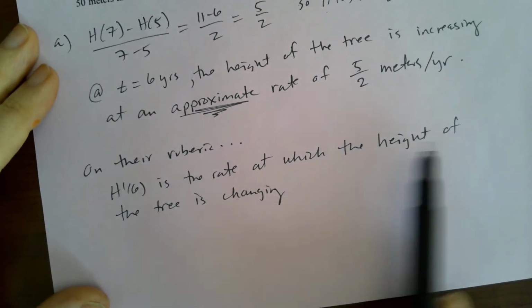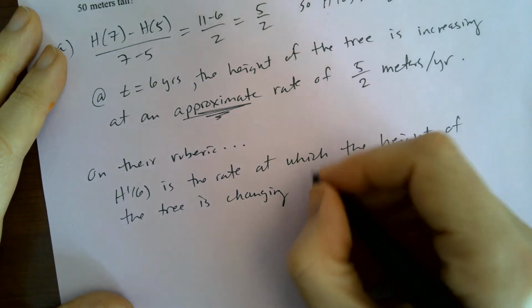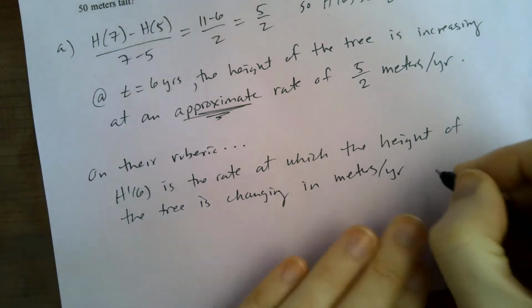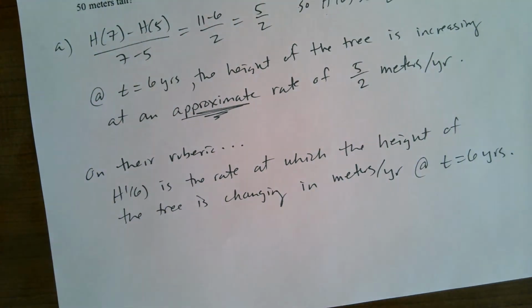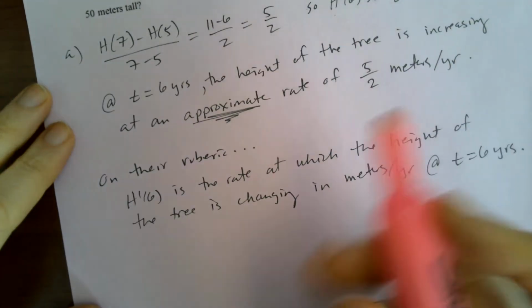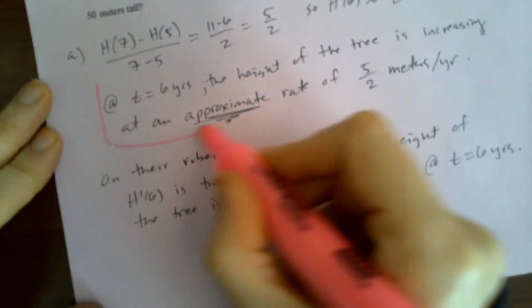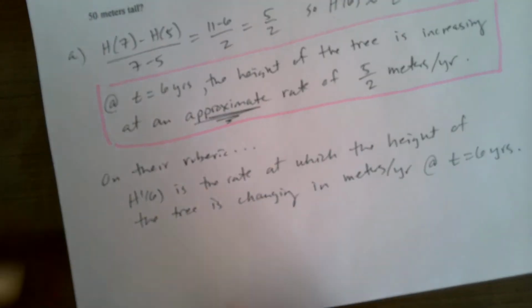So it is the rate at which the height of the tree is changing, in meters per year, at t equals 6 years. Guys, we will practice both ways. In the future, we'll practice both ways. Okay, so this is what we practiced and this is their rubric.